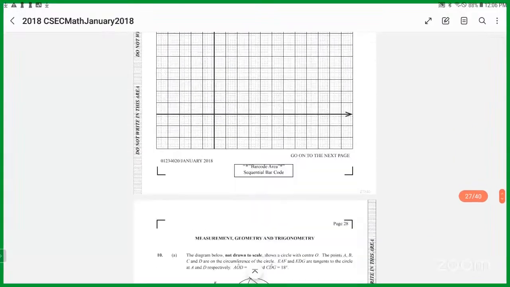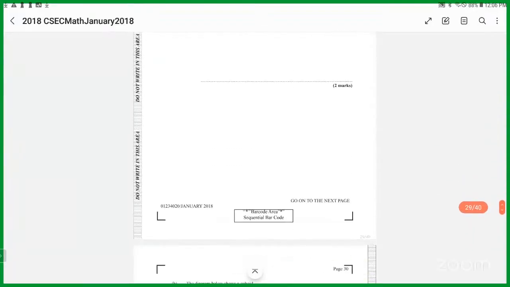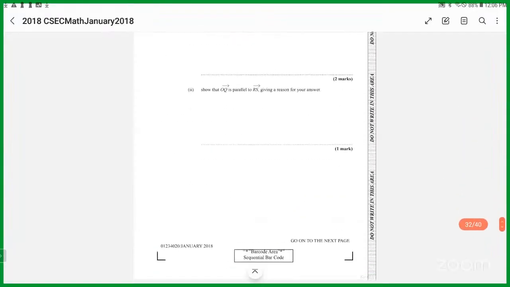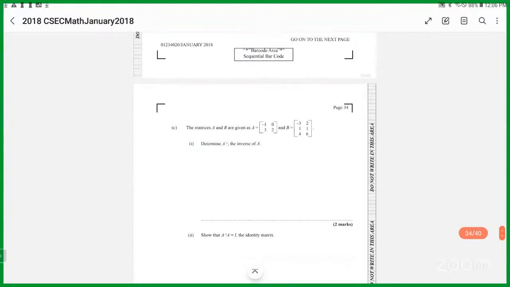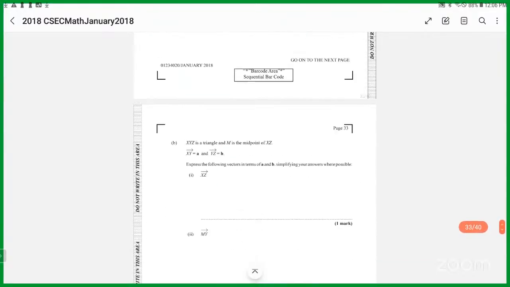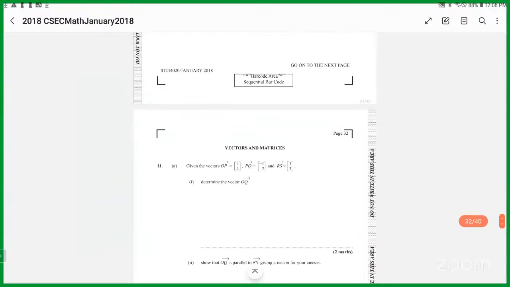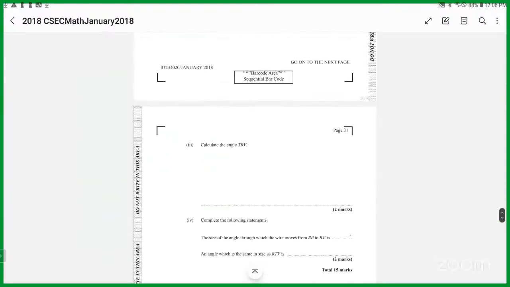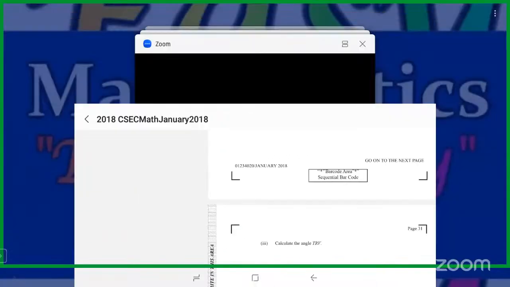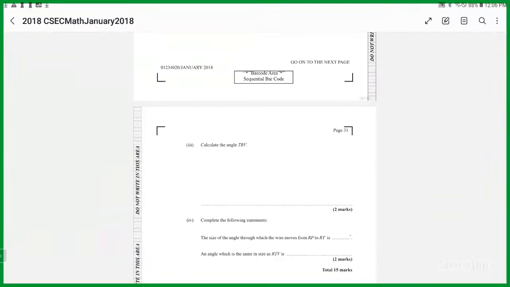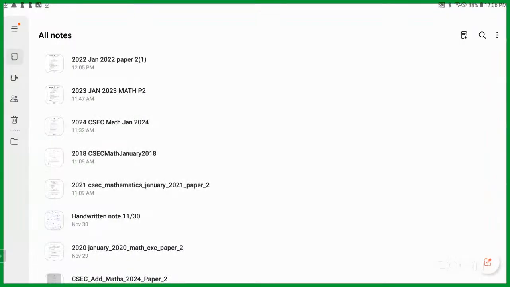The vector parallelogram questions. I think 2018 and so on. No, not 2018. It's 2019. Let me see if it's 2019. I think it's 2019. Let me see. January 2020.